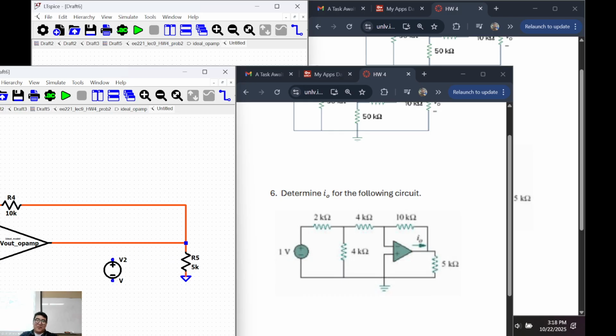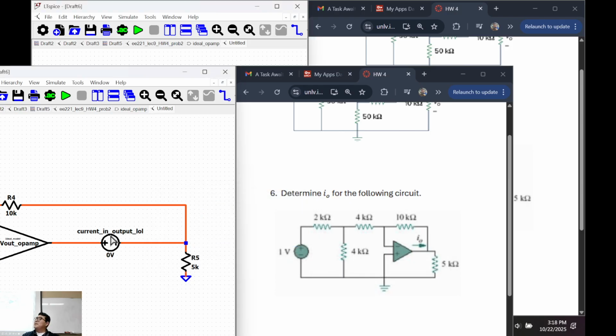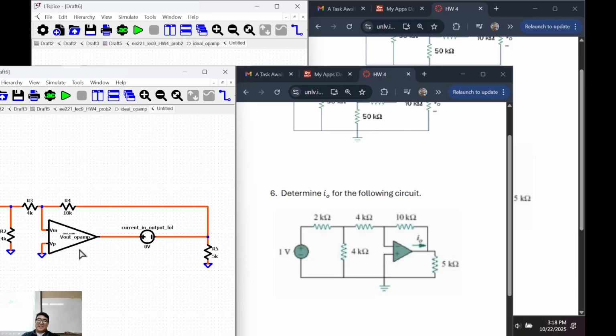You know current in a voltage supply goes from plus to minus. I'm going to put 0 volts, it's just a wire. I'm going to call this one current in output. Is that good? Easy? Who's ready to sim this?